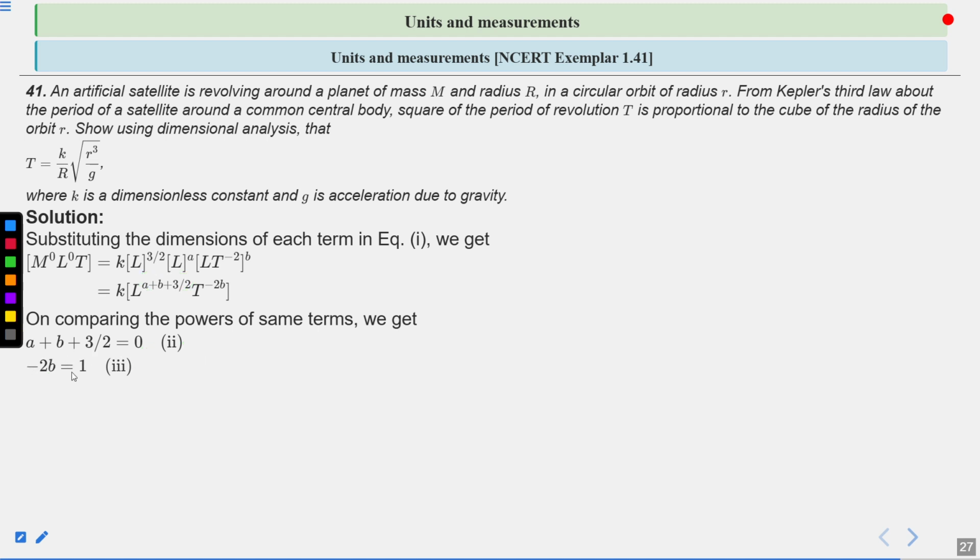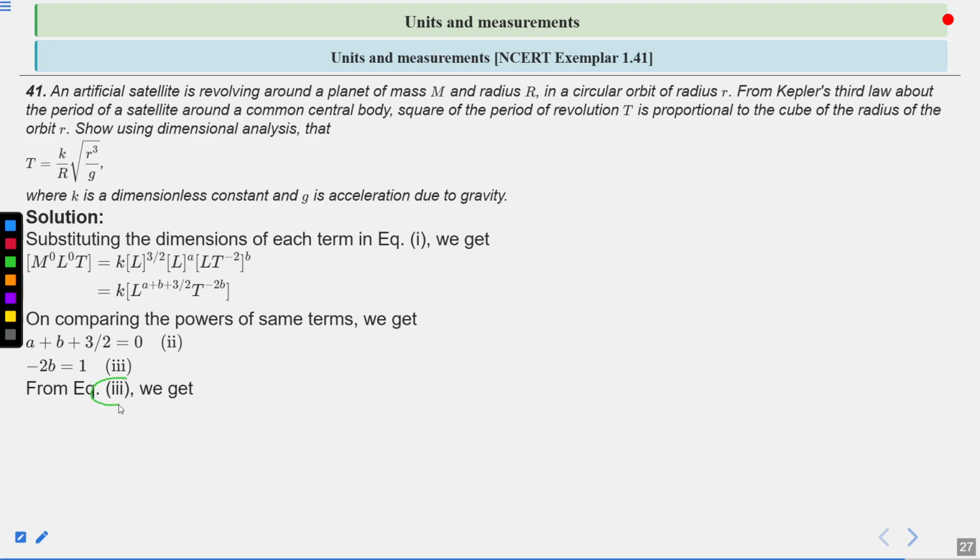And minus 2B is equal to 1, because on the LHS side T is raised to the power 1 and on the RHS side T is raised to the power minus 2B. So after comparison, minus 2B is equal to 1. From this, B is equal to what? Minus 1 by 2. Let this be equation third.